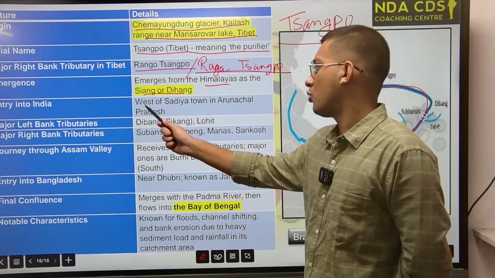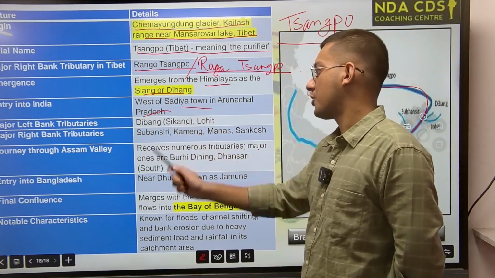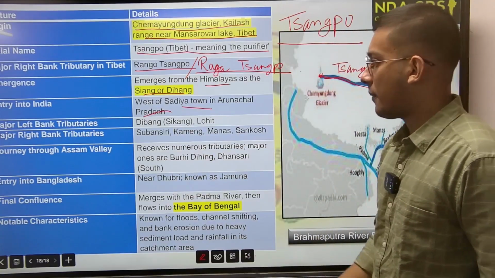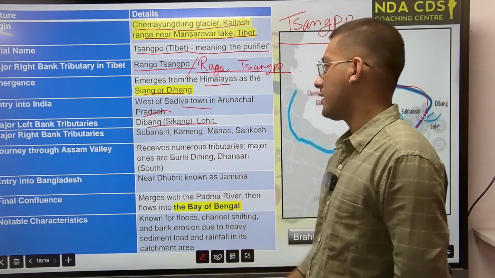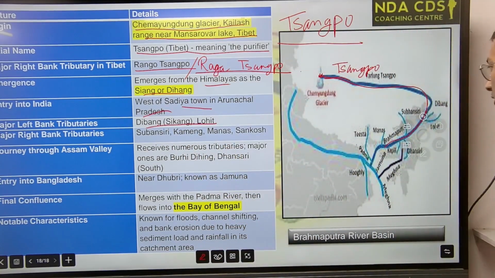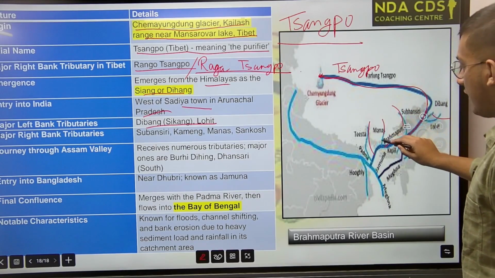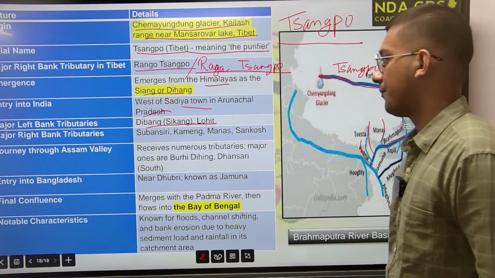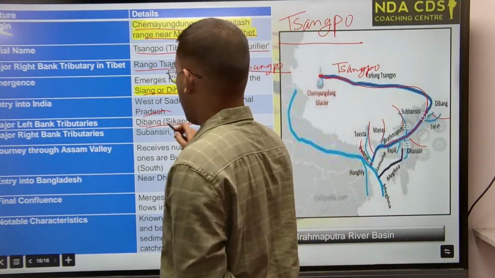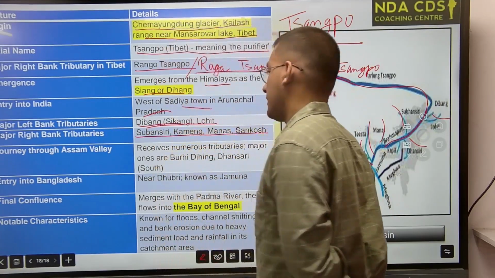It enters India through west of Kodia town in Arunachal Pradesh. Its left bank tributaries are Dibang and Lohit. Right bank tributaries include Subansiri, Kameng, Manas, and Sankosh. Right? Left bank is Dibang, right bank is Subansiri, Kameng, Manas, and Sankosh.